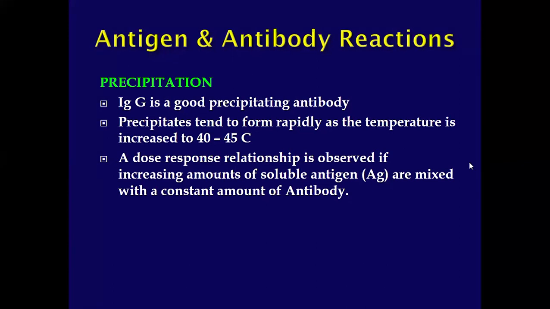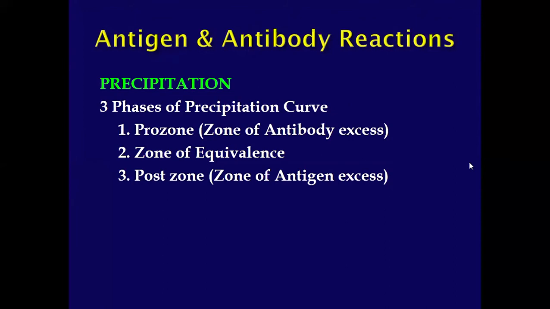If you plot it, you can appreciate three phases of the precipitation curve: the pro-zone, the zone of equivalence, and the post-zone. You call it pro-zone when there is an excess of antibodies, and the post-zone when there is an excess of your antigen.